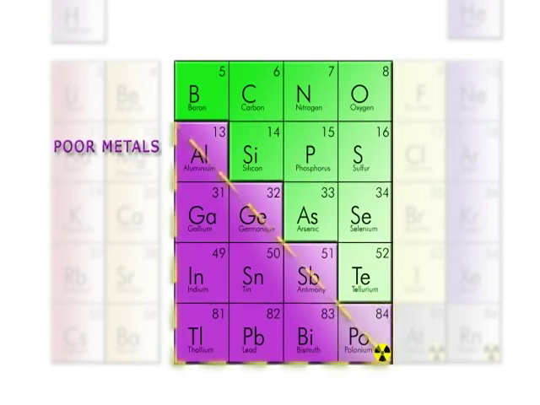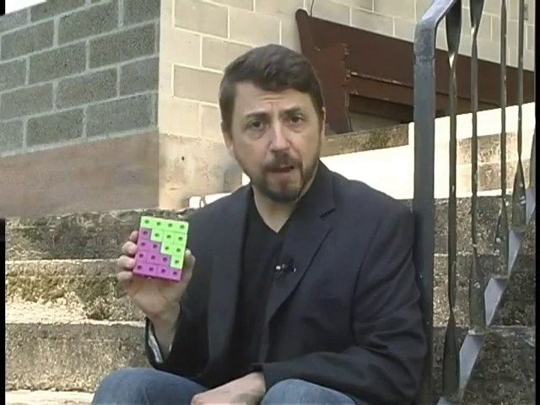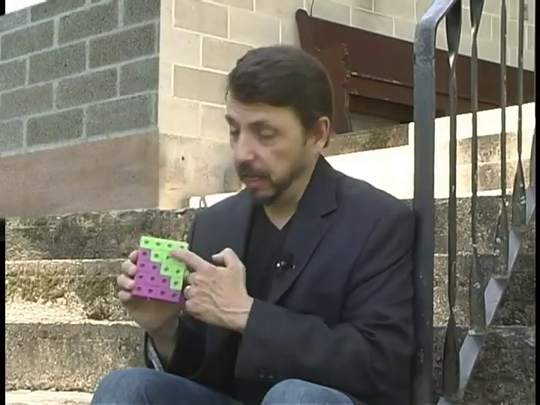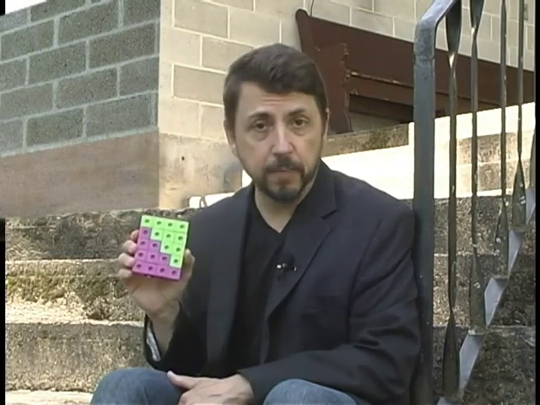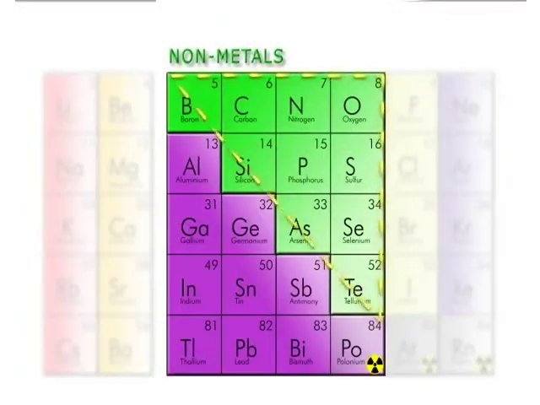That's the bottom triangle, the poor metals. The top triangle is called the non-metals. All of the elements that are not metal like to congregate over in this corner of the periodic table.